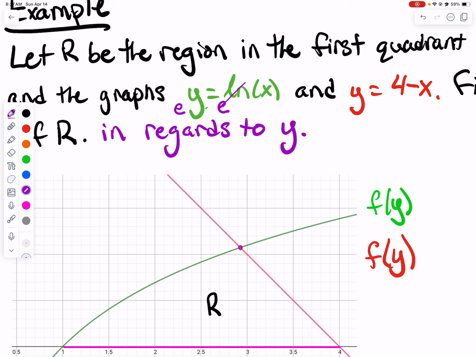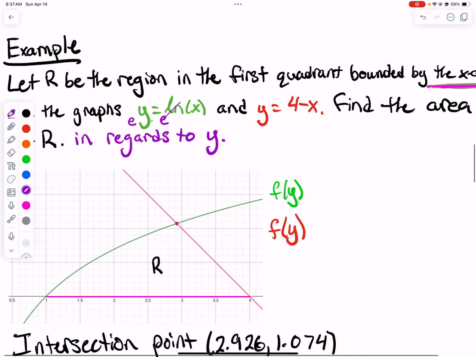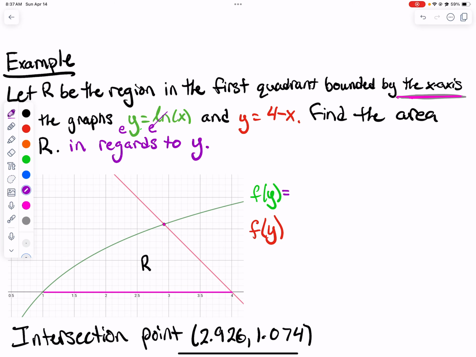So I'd have x equals e to the y. And for the red function, I'll subtract 4 and divide by negative 1. If I subtract 4, I get negative x equals y minus 4. Divide by negative 1, I'm going to get 4 minus y. These two are my two functions.